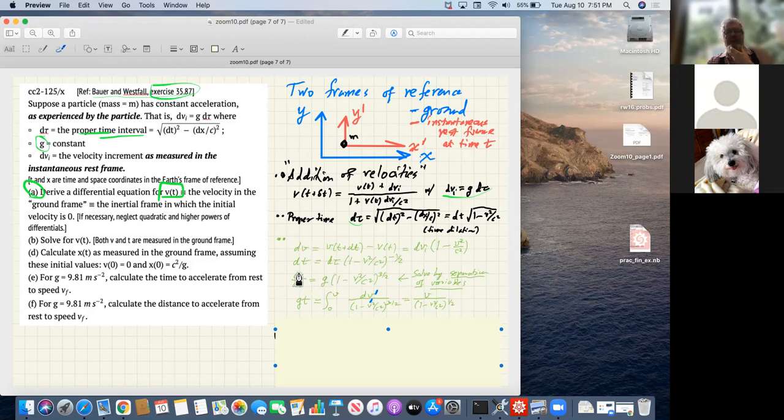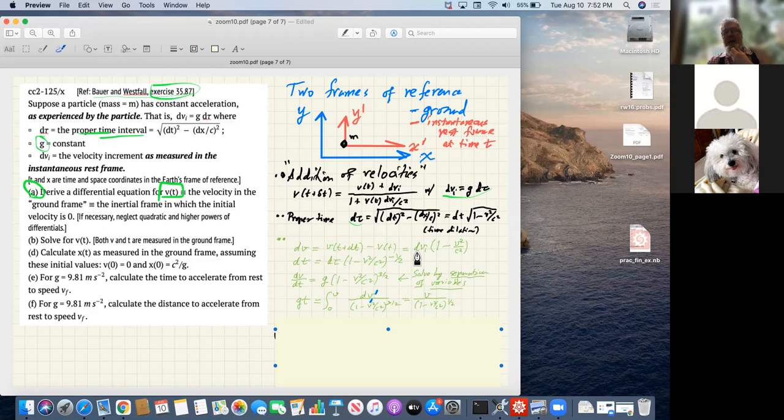Now I take the ratio dv divided by dt. So it's this quantity. It's dv_i, that's g d tau. And now I divide by this quantity. I have dv_i times 1 minus v squared over c squared. dv_i is g d tau.